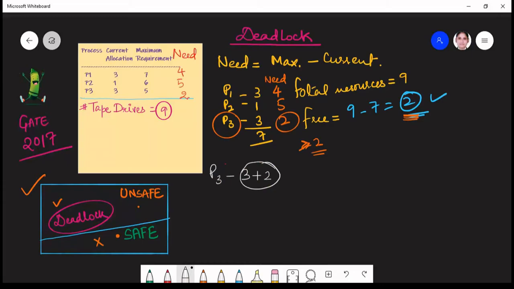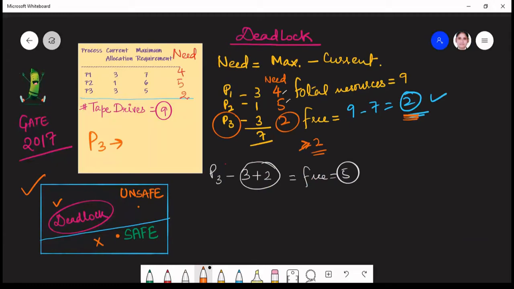After its completion, how many resources is it going to free? 5 resources. Now, as you can see, the need of P1 and P2 is 4 and 5, so it can fulfill the request of either P1 or P2. So the first process to be given these resources is P3, and after that we can give them to either P1 or P2.